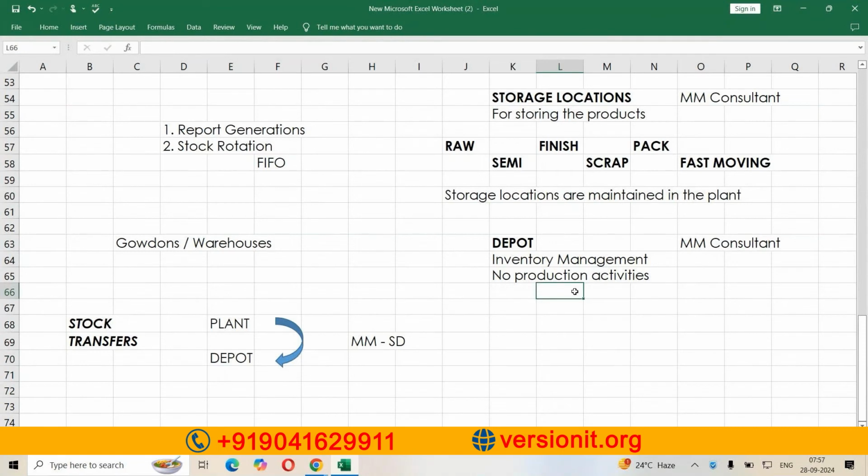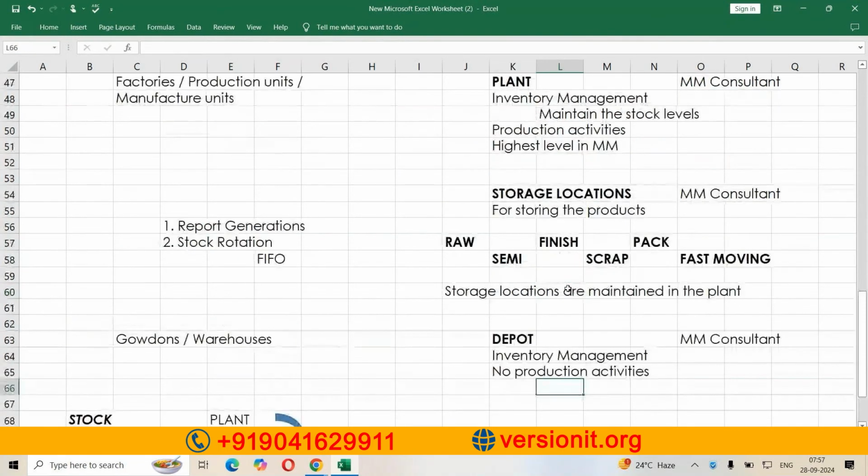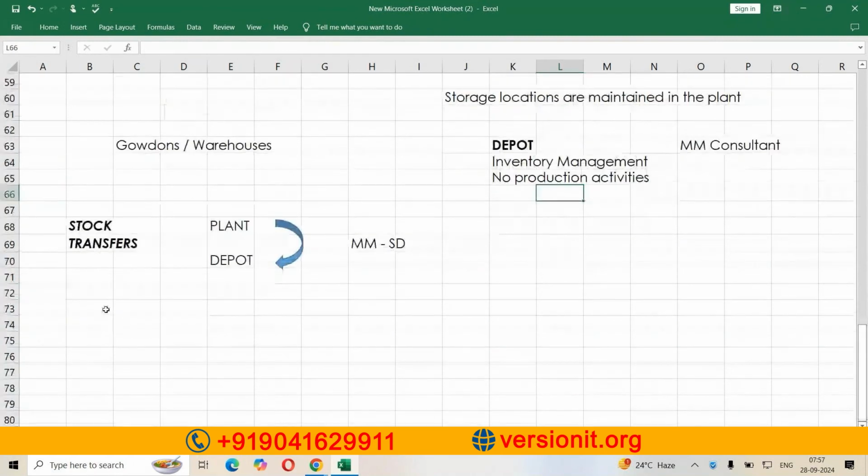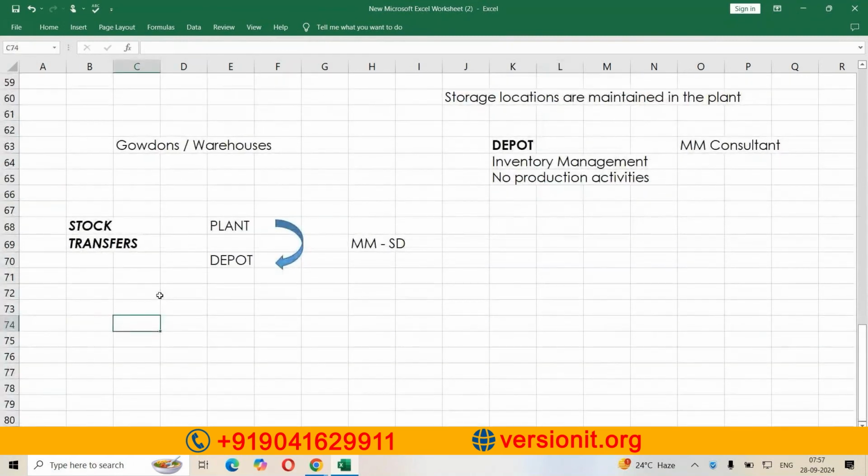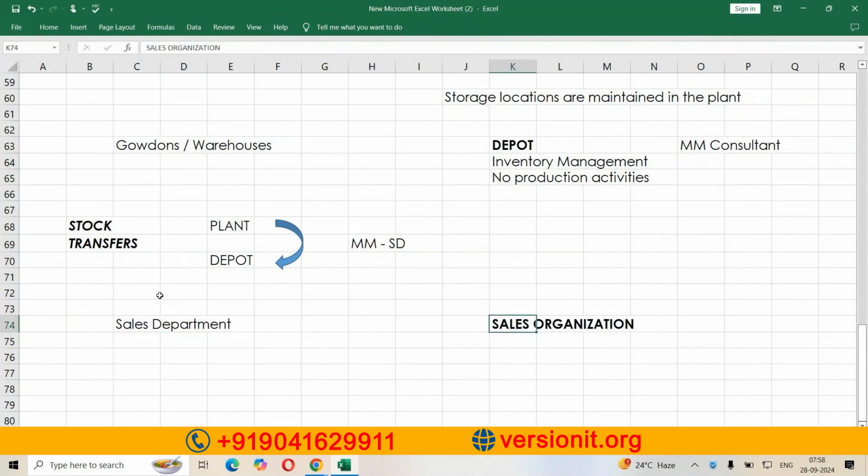Now, once you have a good understanding of these terminologies, then comes the next one. We talk about sales now. We are going to have a sales department. The company sales department is what in SAP terms we call the sales organization.